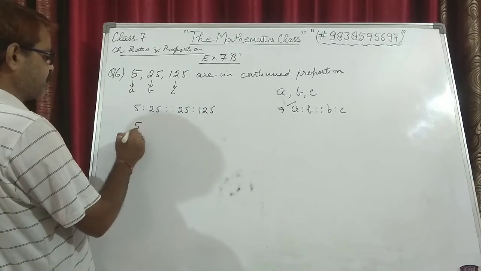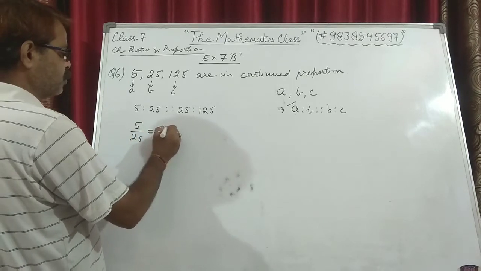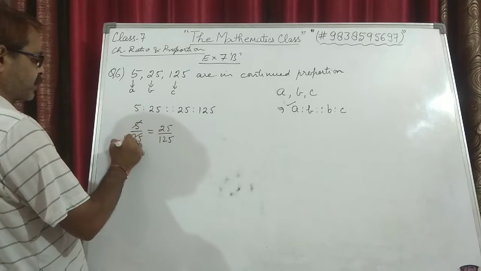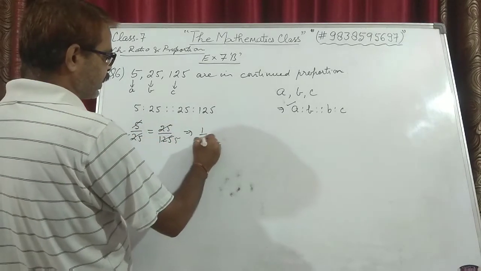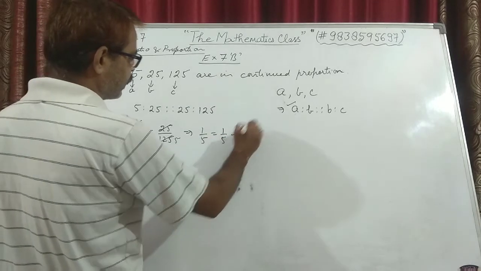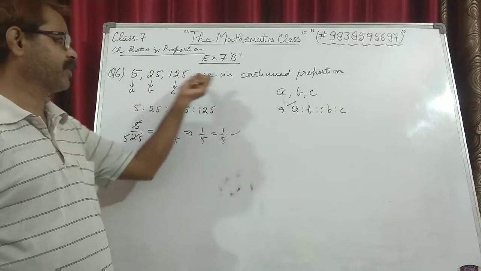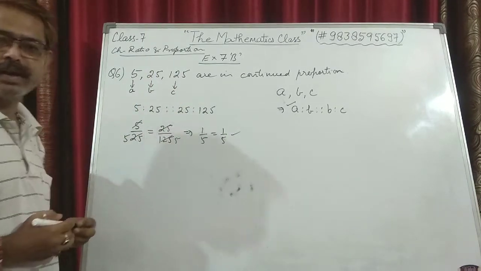This can be written as 5 upon 25 equal to 25 upon 125. We know 5 5s are 25 and 25 5s are 125. On both sides we are getting 1 upon 5 is equal to 1 upon 5. So yes, these numbers 5, 25 and 125 are in continued proportion. Now we move on to the next question.